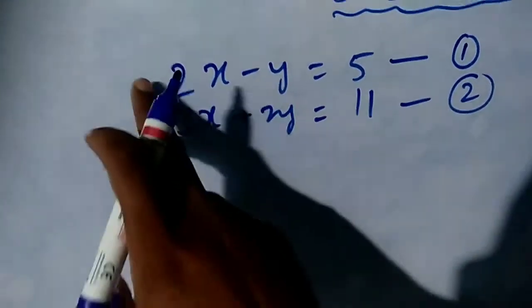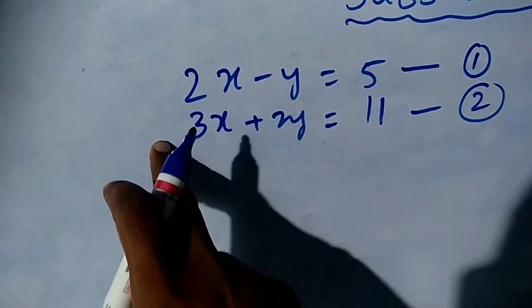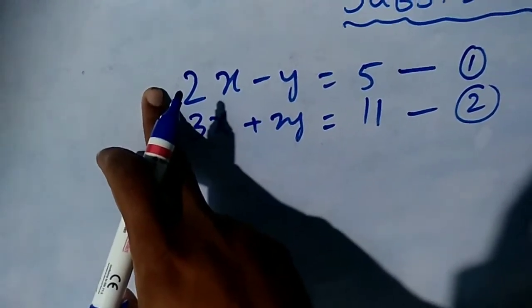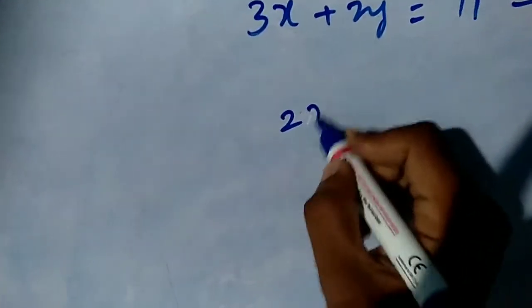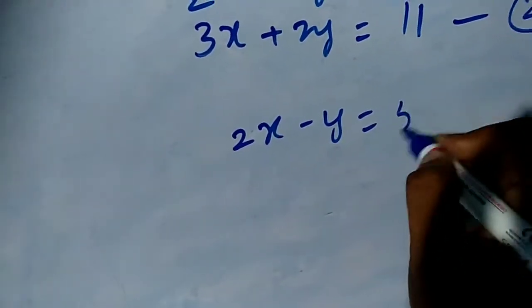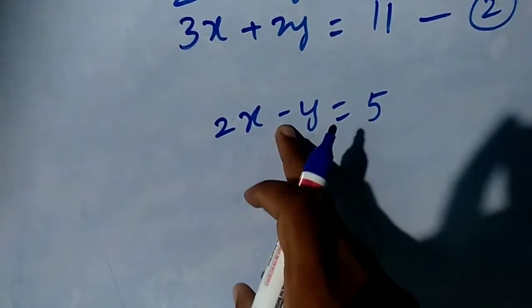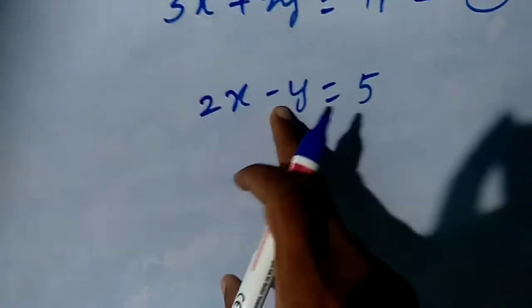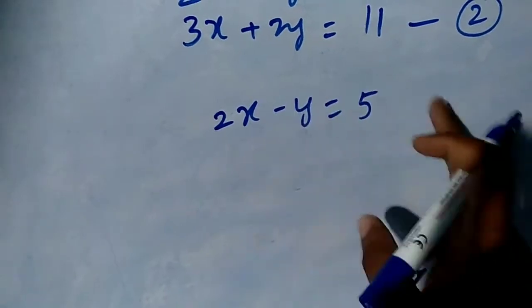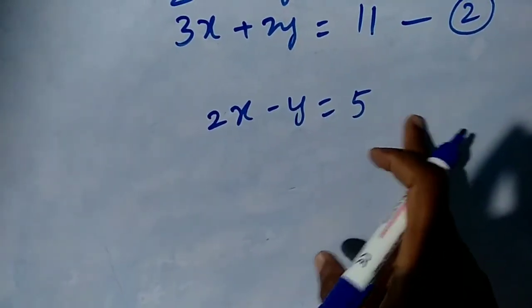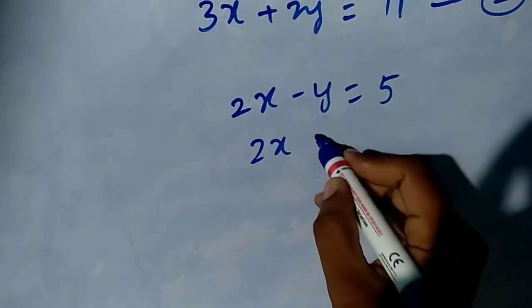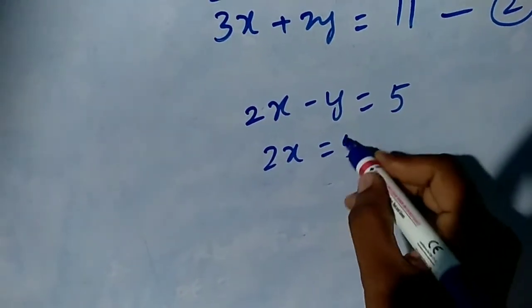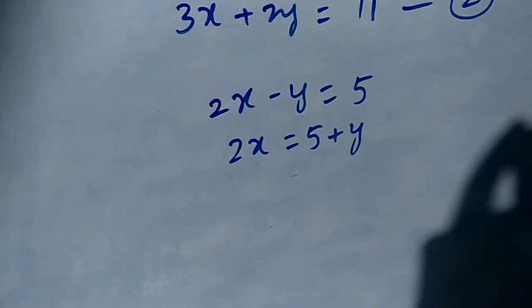So from these two equations we are taking equation 1 and expressing y in terms of x. So 2x minus y is equal to 5. Here y is having a minus sign, so transpose y to the RHS, then minus becomes plus. 2x is equal to 5 plus y.